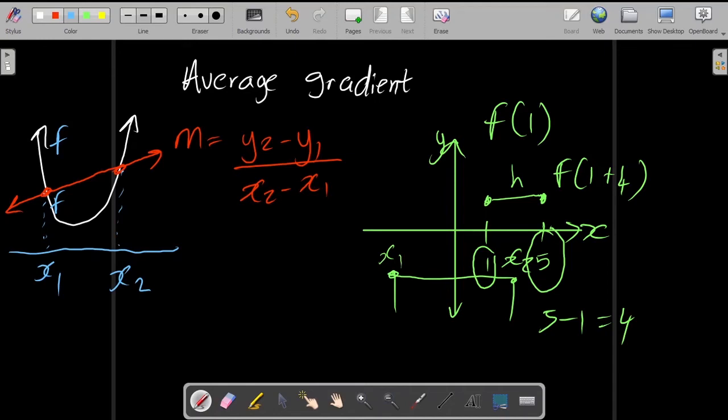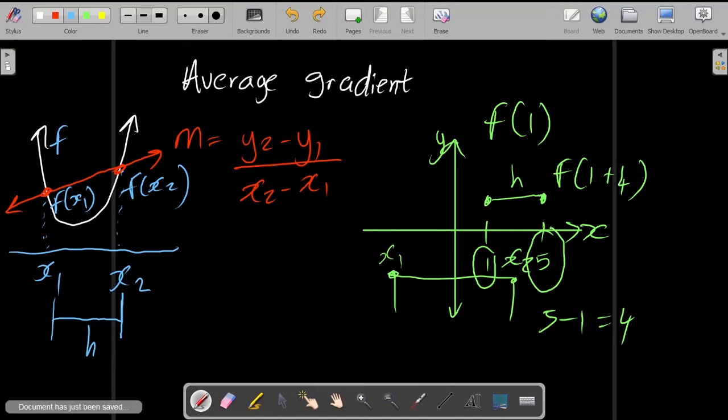Now the y value at this point is f of x1, and the y value at that point is f of x2. Now applying this h thing that I talked about, which is basically the difference in the two x values, you basically are going to say that at this point, you've actually added h to get to this point.